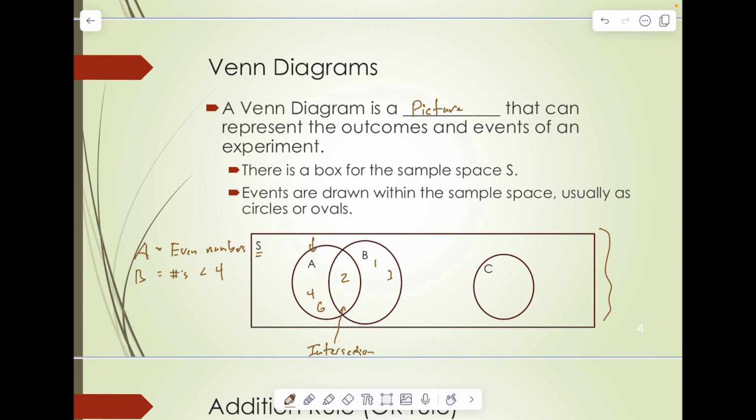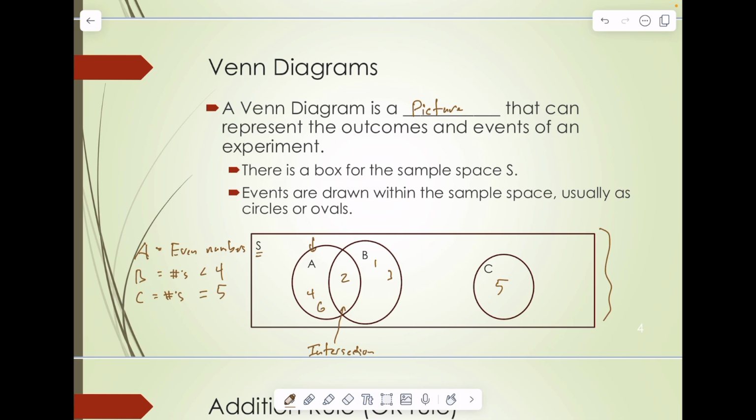4 and 6 are rightly drawn in A but outside of B because they are not in B, as is 1 and 3. It is in B but not in A. And then C, and so C could be numbers that are equal to 5. And so that would be 5. 5 is not in A, nor is it in B. And so it's sort of all by itself, and there's only one outcome in that event, a very simple event.